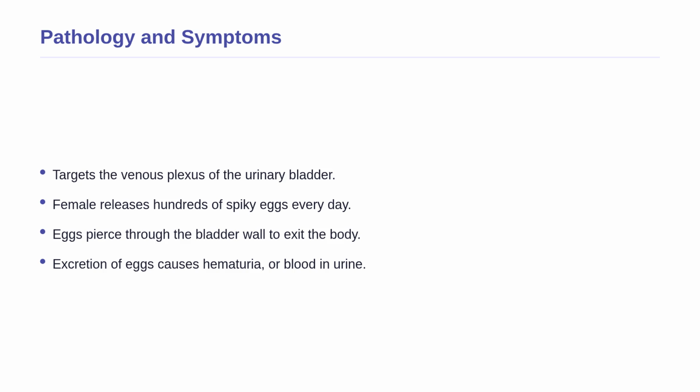To leave the human body, these sharp, terminal-spined eggs must physically pierce through the bladder wall so they can be excreted in the urine. This violent tissue damage causes the hallmark symptom of the disease, hematuria, which simply means visible blood in the urine.